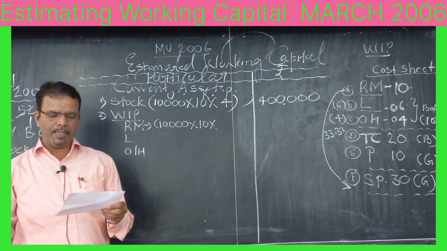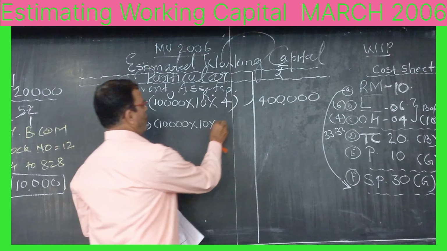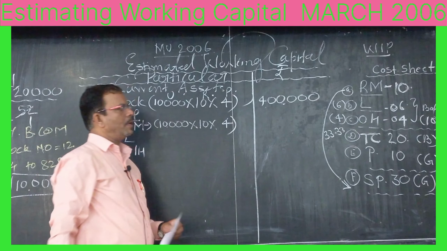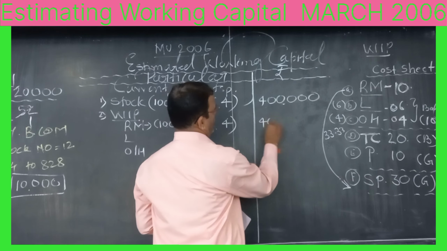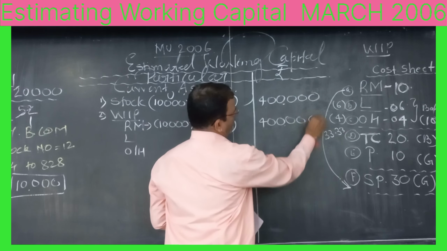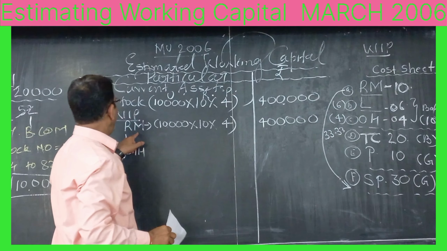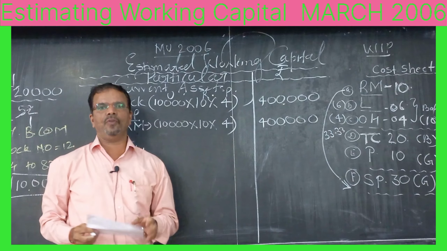The production cycle takes 4 weeks, so again we take 4 weeks, and again we get 4 lakhs. So in this way we got raw material under work in progress, 4 lakhs.